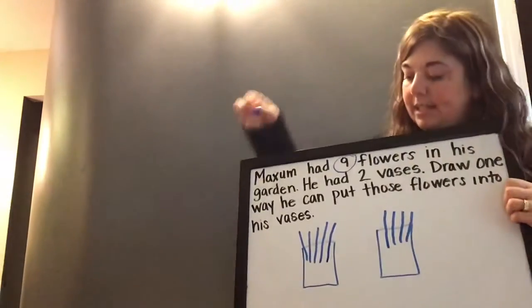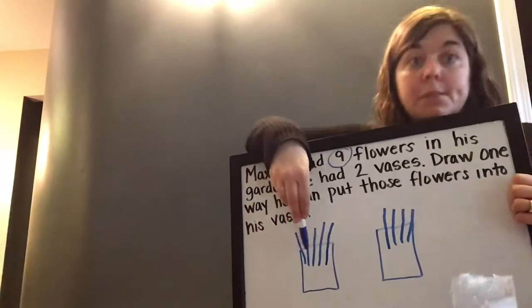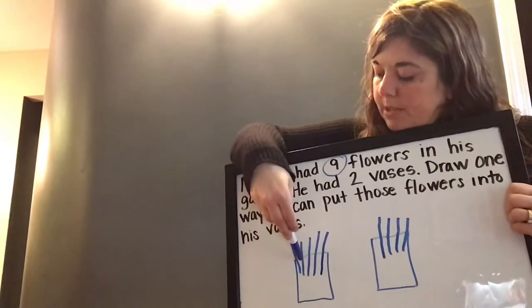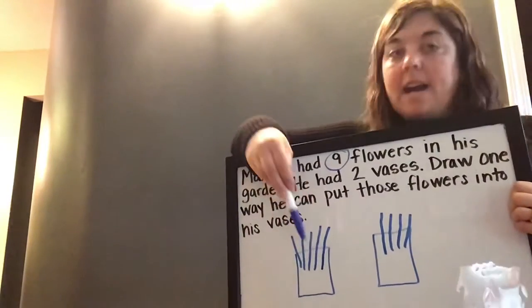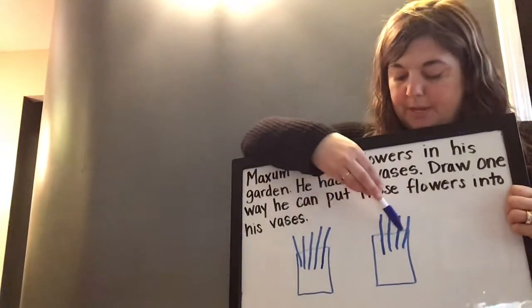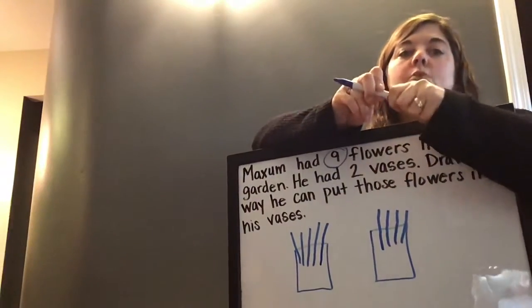So I want you to get this first vase, and I want you to count how many you have. Remember, yours might look a little different than mine. So I have 1, 2, 3, 4, 5 in this one. And I have 1, 2, 3, 4 in this one. So let's go ahead and draw our number bond.